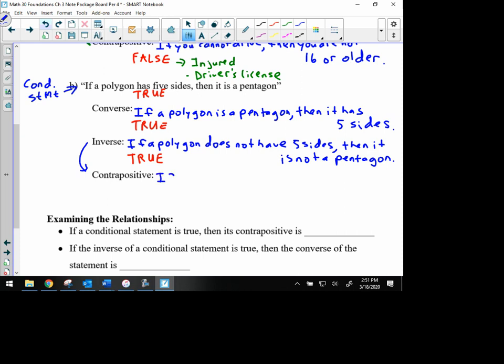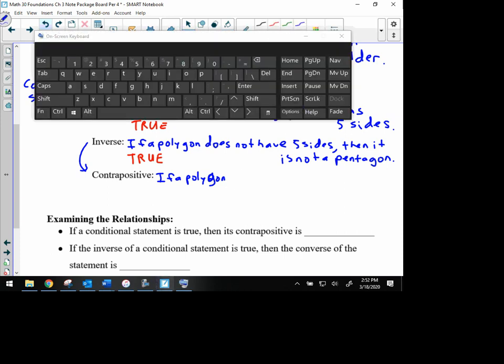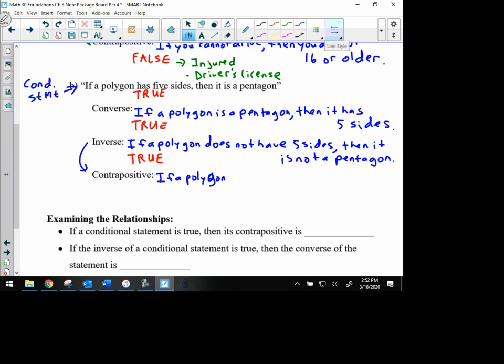So if a polygon is not a pentagon, then it does not have 5 sides.